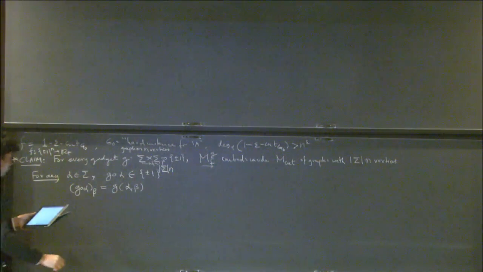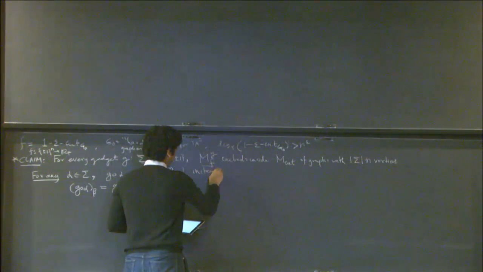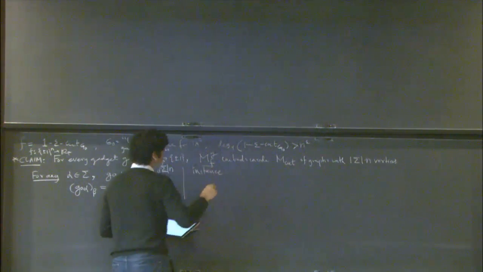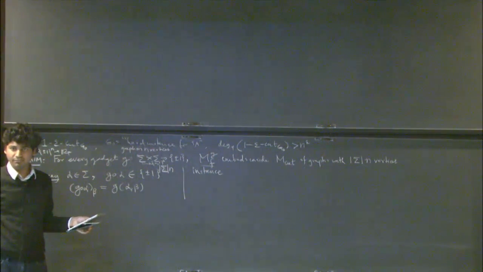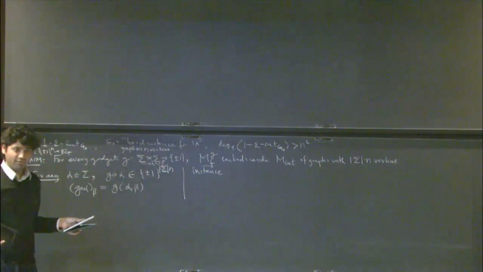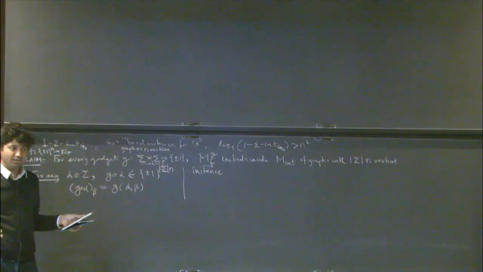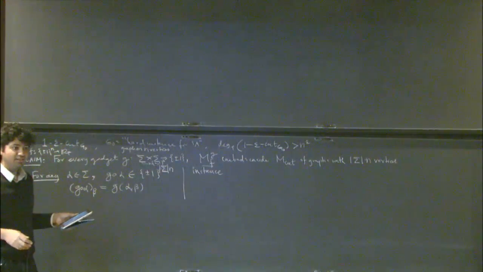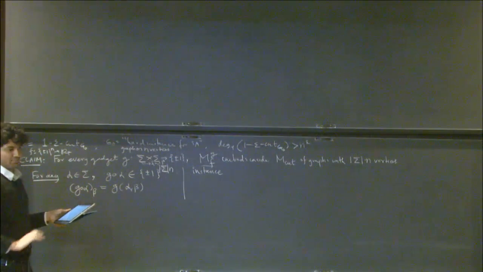So I am going to define the instance, and MF is indexed by strings from sigma to the n. So for every x and y which index the rows and columns of the MF matrix, I would find you a cut and a graph to look at in the m-cut matrix.